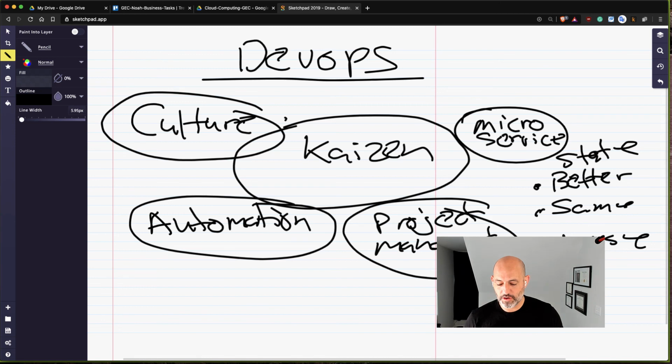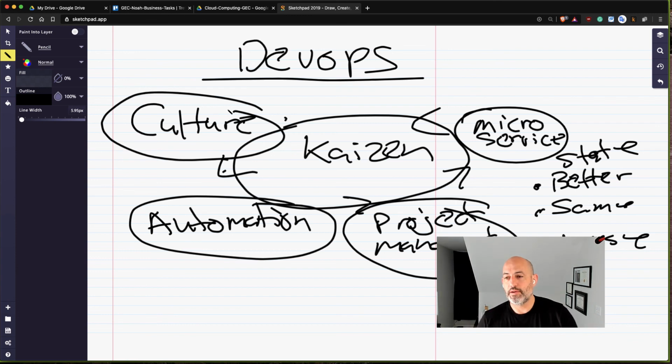And this is what DevOps does: you're constantly looking for ways to improve. You're measuring yourself, and you're using the culture to make sure that you respect everybody's opinion, and build a good infrastructure. You're building small services like these microservices, and you're also using automation, and the automation will make sure things happen automatically.